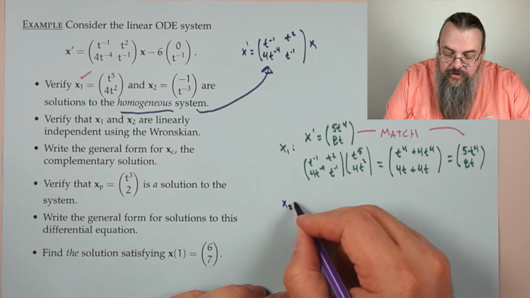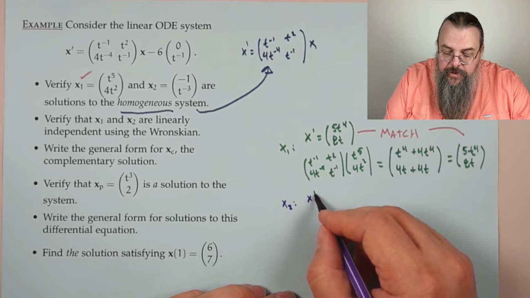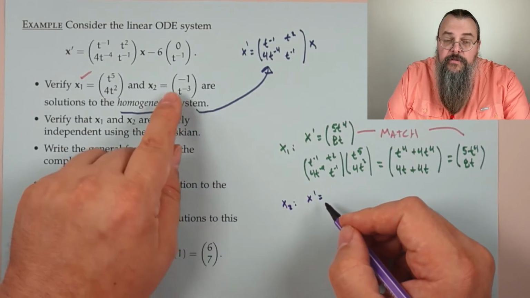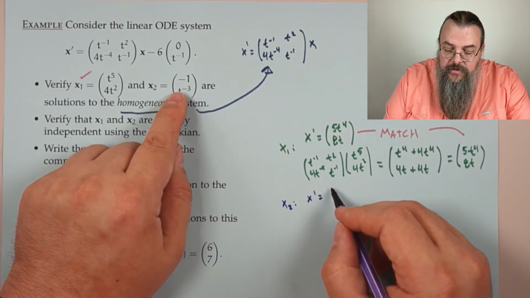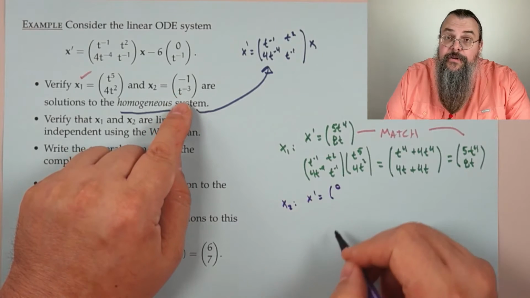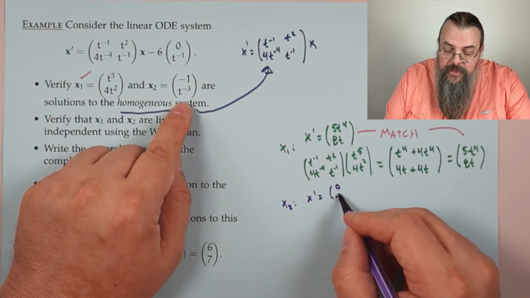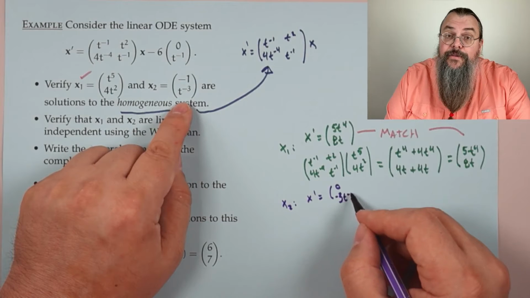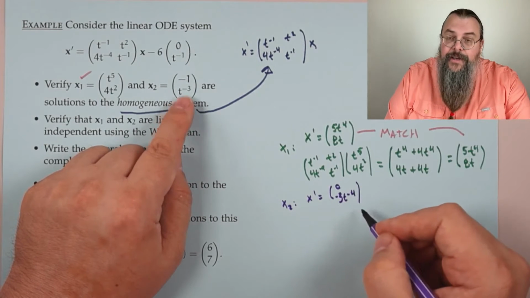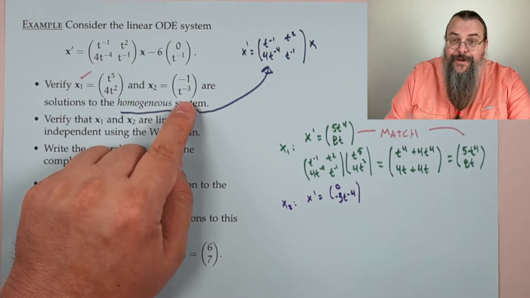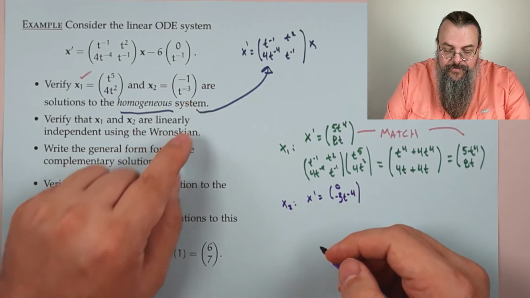Here we go, x2. We have x prime. Well, the derivative of negative 1 is 0. Derivative of t to the negative 3 is minus 3t to the negative 4, right? We're going to subtract 1. That's how the derivative rule works.